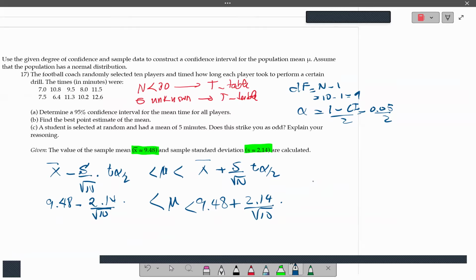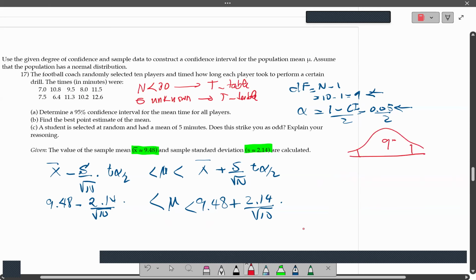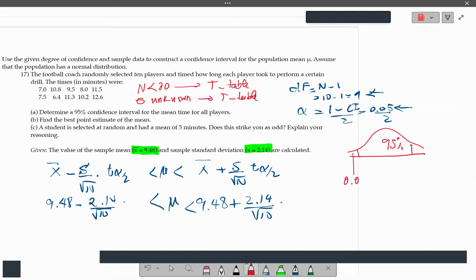Confidence interval, CI. I think it's better to understand it this way. This is my confidence interval, 95%. Whatever remaining here is 0.025. All right?